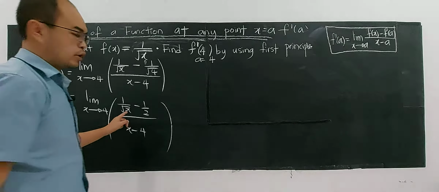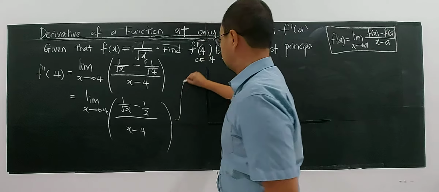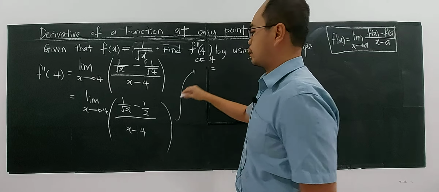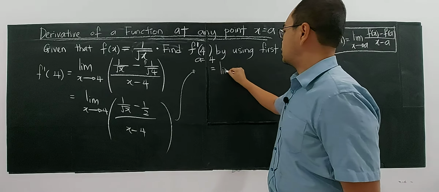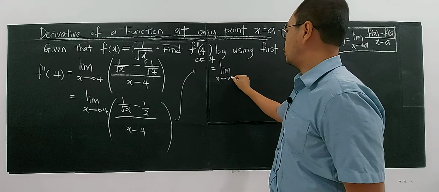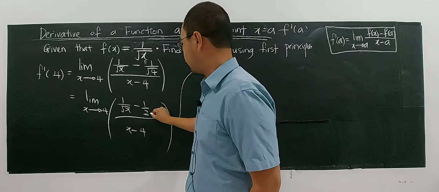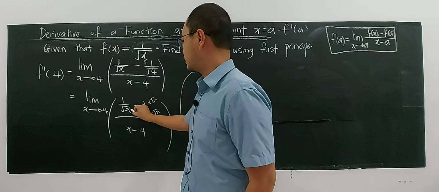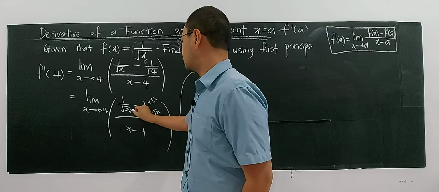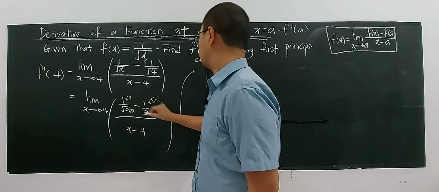You need some algebra knowledge. So you have the limit as x approaches 4. This one you multiply with square root of x, and this one also you multiply with 2.